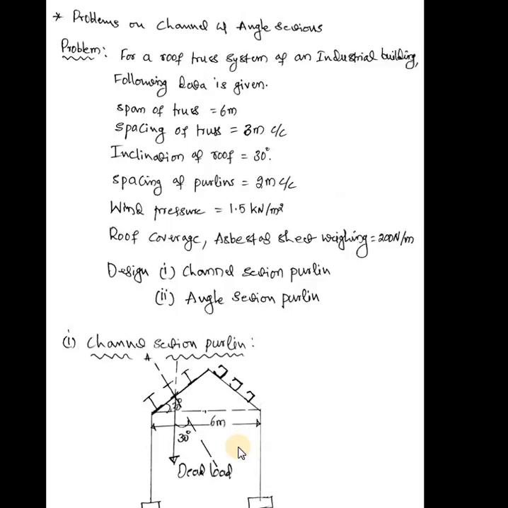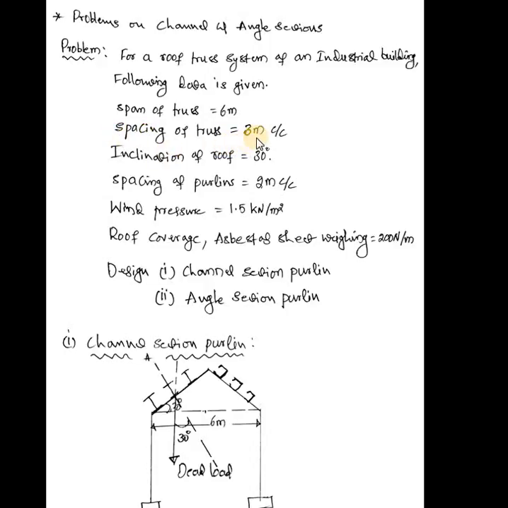Now let us come to our problem. For a roof truss system of an industrial building, the following data is given. Span of truss is equal to 6 meters.